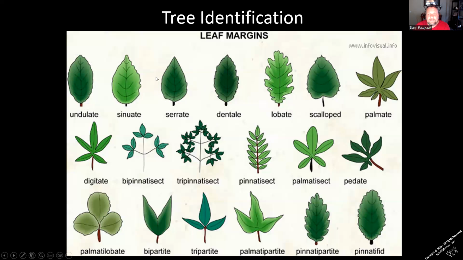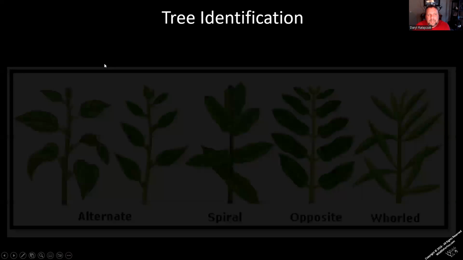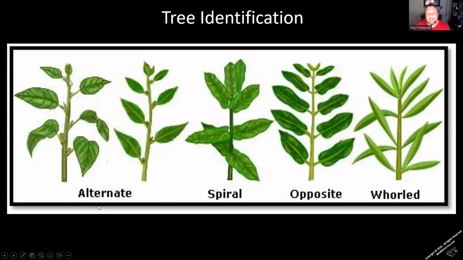Besides leaf margins, or what the edges of the leaf look like, sometimes they'll talk about the arrangement of the leaves. For example, alternate arrangement. You see how you have a leaf section here and then here, and it's not ladder-like. They don't grow opposite of each other.